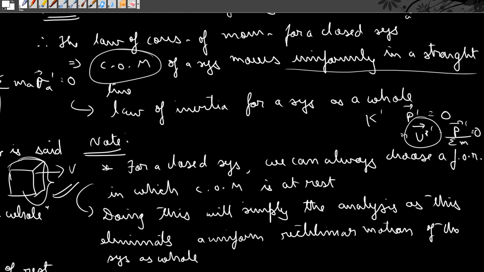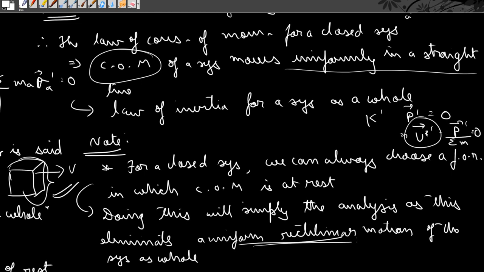Because even if you consider this part, the mechanical properties of the system remains unchanged. Only thing that will be added is some complicated algebra. Okay, there will be some additional terms in the algebra related to this capital V as a result of the center of mass having constant velocity.